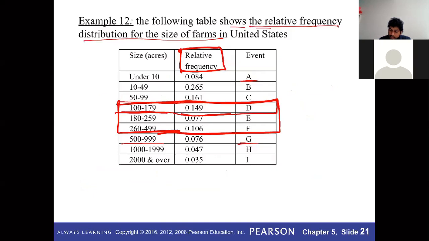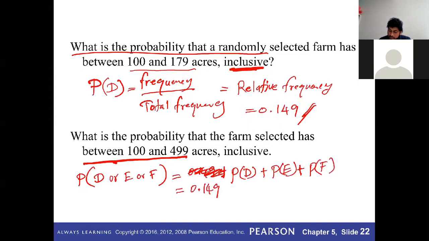Probability of E, they have given 0.077, plus probability of F, 0.106.